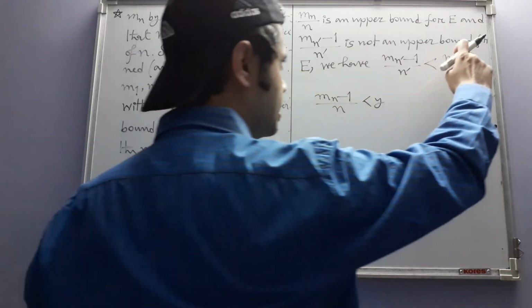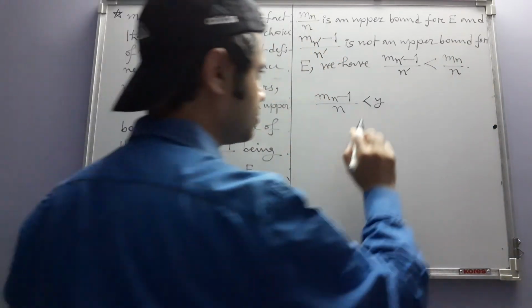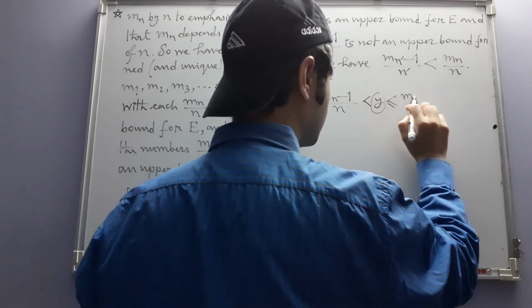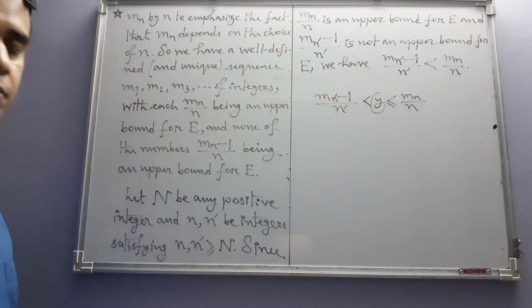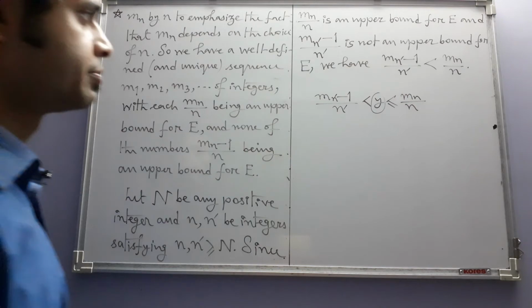But at the same time m_n/n is also an upper bound for E, so this element of E must be less than or equal to m_n/n. So that's how we are getting this inequality.